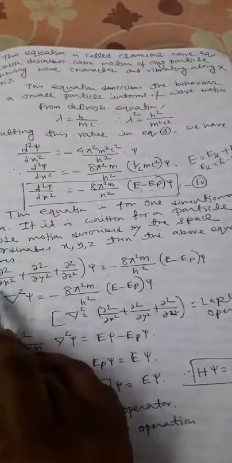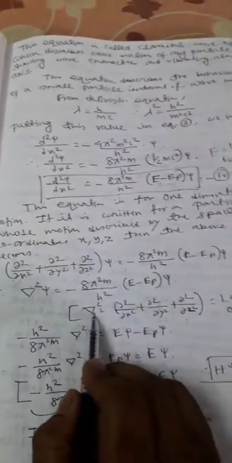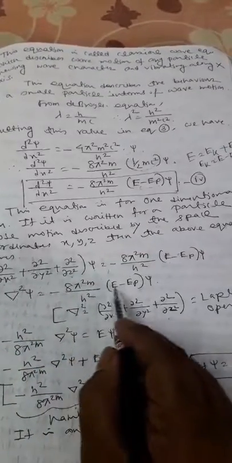Now this del 2 del x2 plus del 2 del y2 plus del 2 del z2 is called the Laplacian operator, and it is denoted by del square. Now del square psi is equal to minus 8 pi square m by h square into E minus ep psi. Now this del is an energy operator. Okay, now this E is the energy.